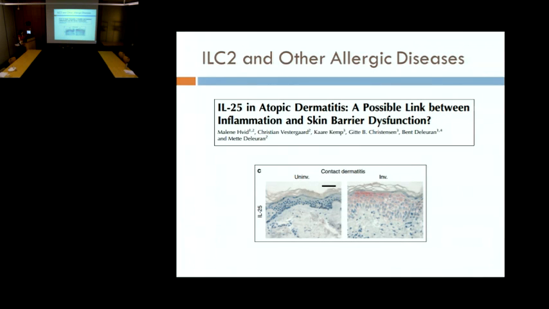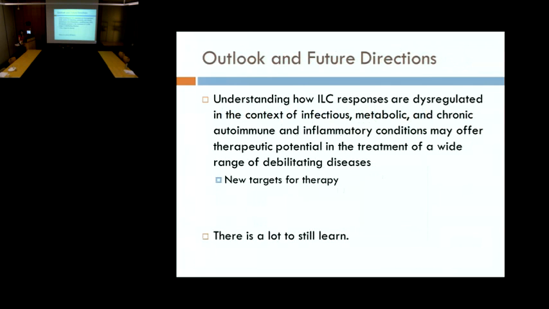Okay, so in summary, while we're learning more and more about the roles that ILC plays in physiology and pathophysiology, I think we're really just touching the surface. And like David said, it's really hard to see if they're distinct entities, if there are more of them, and how to group them in the future besides just from their cytokine profiles.